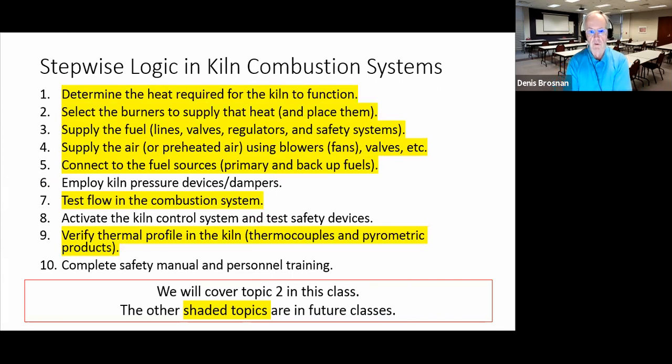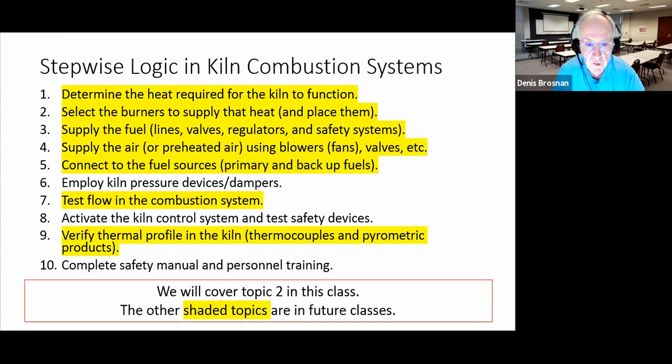So as we talk about combustion systems in this course, we're going to determine the heat required, and we're going to put off number one till a little bit later in the course, because there we've got to provide the heat for the ceramic process, which we can calculate or measure. We're going to have to define the energy storage and the energy loss from the furnace. So we're going to put off number one.